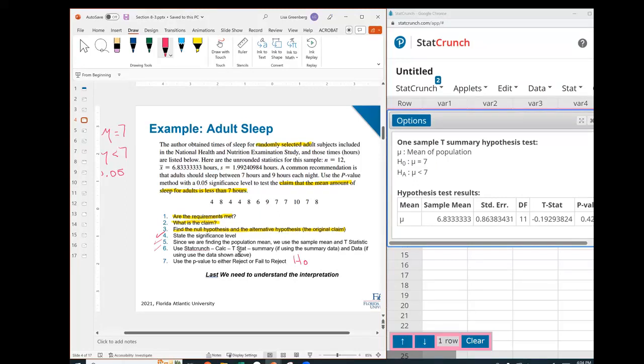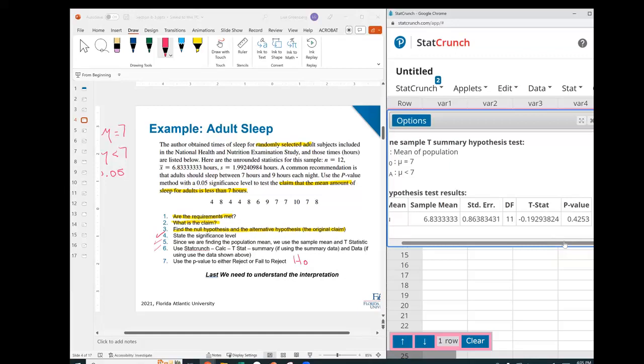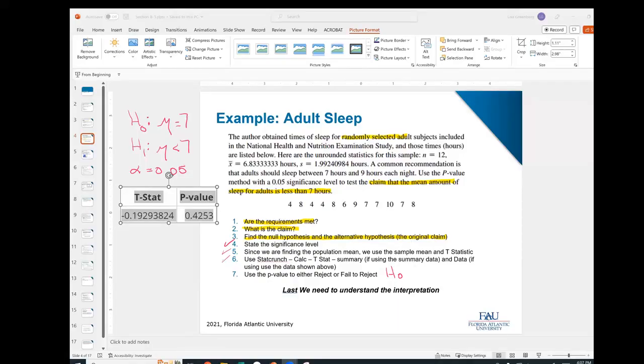Okay, so let's see. Let me see where I can draw. Let me think, what do I want to do here? Maybe I just want to copy. Hold on, I'll make it nice and then I'm going to pause for a second. All right, so I think this will work.